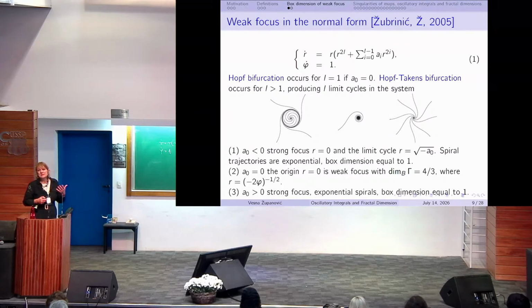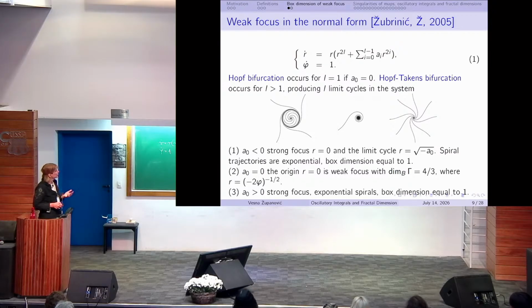So it was some kind of motivation that by a box dimension, we can estimate quantity and quality of objects which could be produced by perturbation of the system.